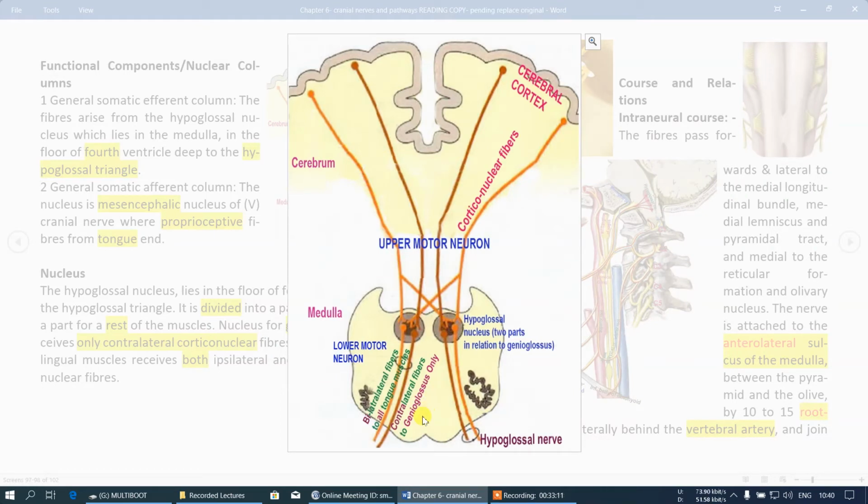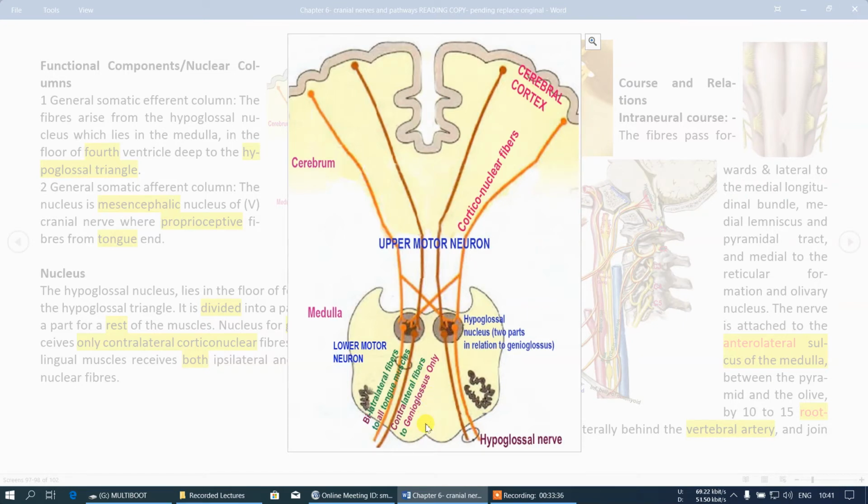This is the cortical innervation. All the intrinsic and extrinsic muscles of the tongue are supplied by both ipsilateral and contralateral fibers except genioglossus. Genioglossus is a large bulky muscle and has only contralateral fibers from the cortex.